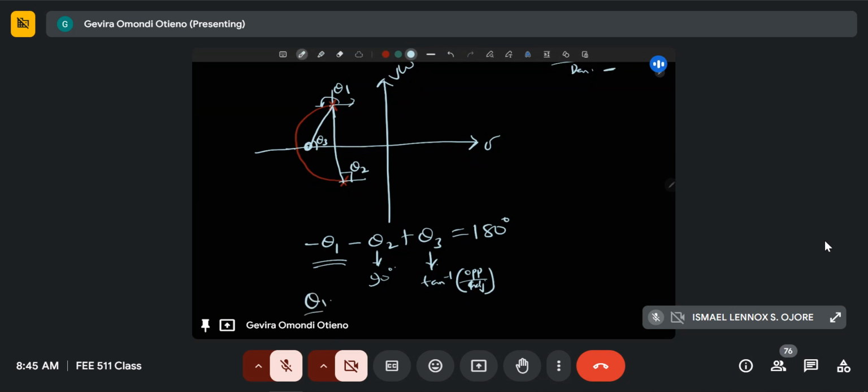Once you have theta 1, that becomes the angle of departure of the complex poles. If these poles were zeros, you'd still do it exactly the same way. Remember, pole angles are subtracted, zero angles are added. That is all there is to this.